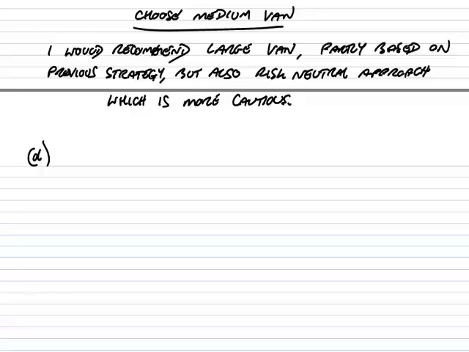It also says, other than those mentioned above, well, those mentioned weren't really analysing and assessing the risk. But because he wrote that, I think a lot of people would write minimax regret. Now that's not in fact what he wanted, but he did accept that it could have been better worded, and you did get credit for mentioning that. But the point is, it doesn't really analyse and assess the risk.